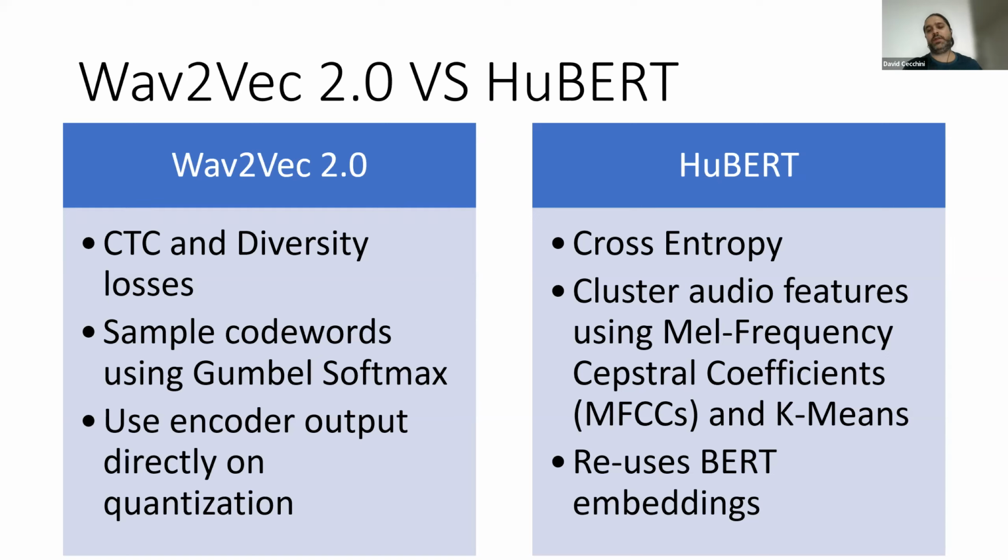So those are the biggest differences between Wave2Vec and Hubert, and also Hubert uses the BERT directly for creating the candidate phonemes that will be selected with the beam search algorithm.